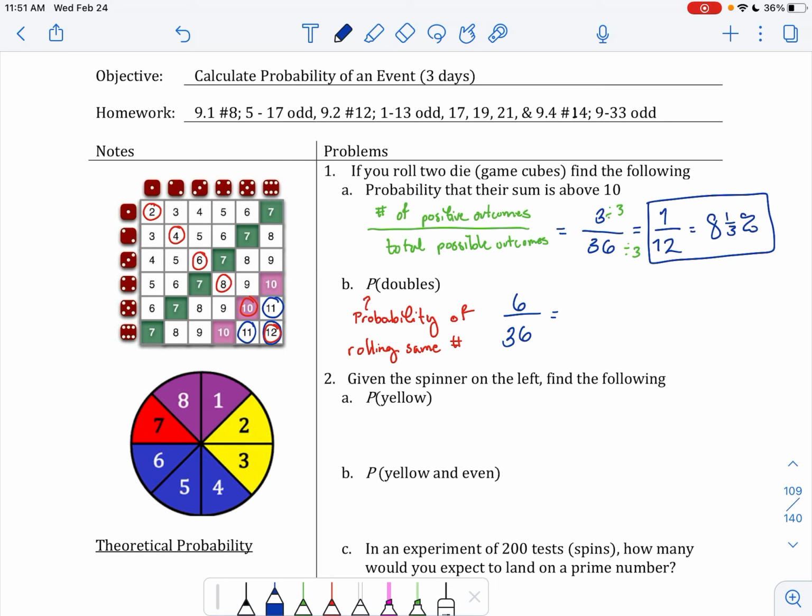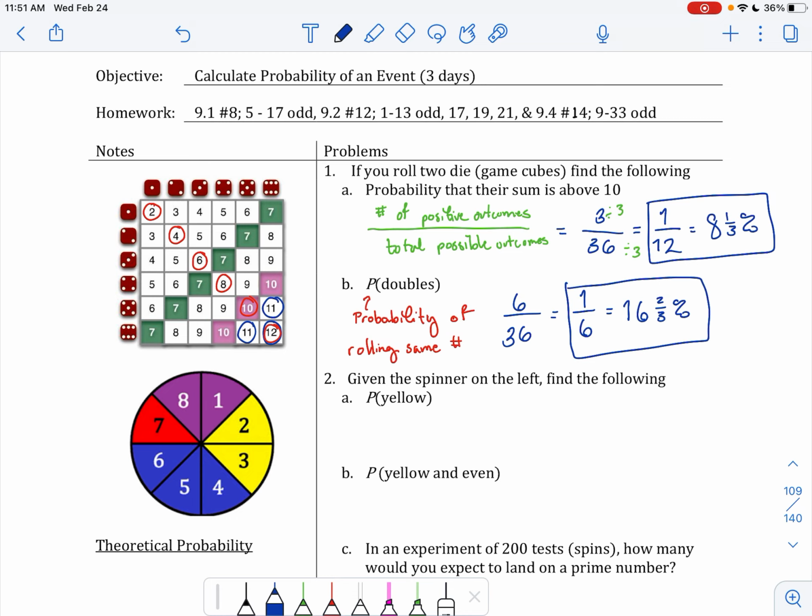Once again, we can leave it as a fraction, but we do need to simplify. Divide by 6, it's 1/6. Or if you want it as a percent, that would be 16 and 2/3%. Either of these answers is just fine.